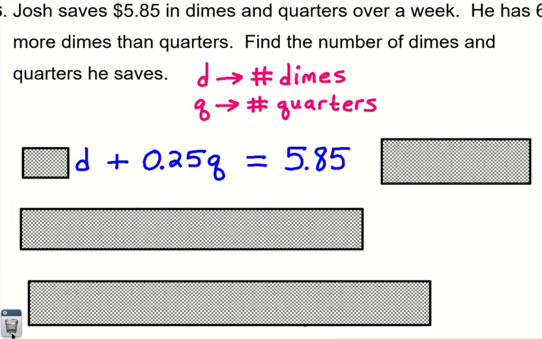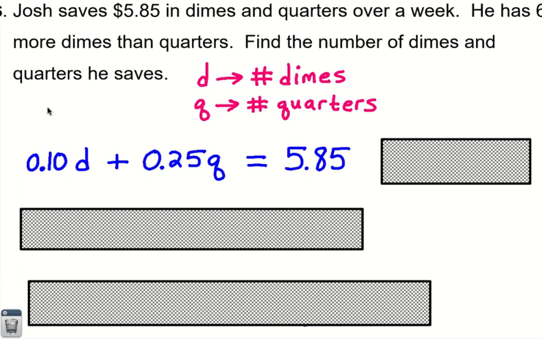Right? And then wouldn't you have to take the number of dimes, whatever it was, and multiply it by 0.10? So basically, the 0.25 times Q, that's the total amount of money that we have in quarters. And this 0.10 times D, that's the total amount of money we have in dimes, and it's going to add up to $5.85.